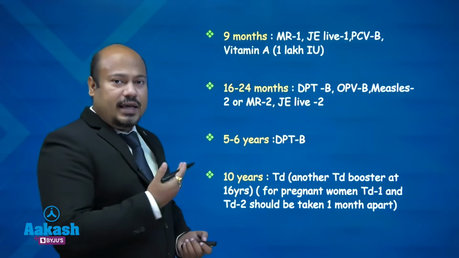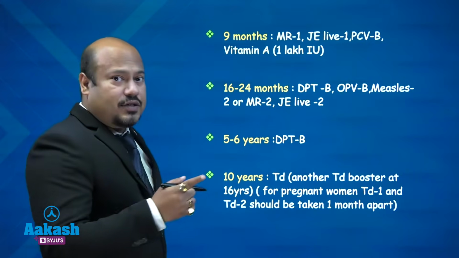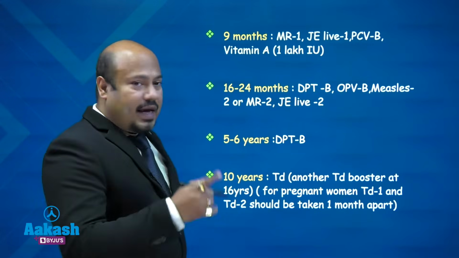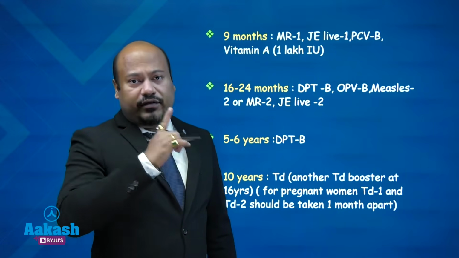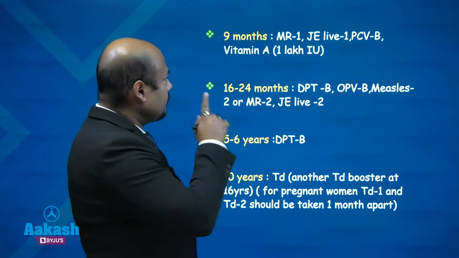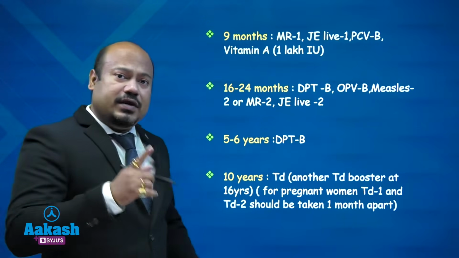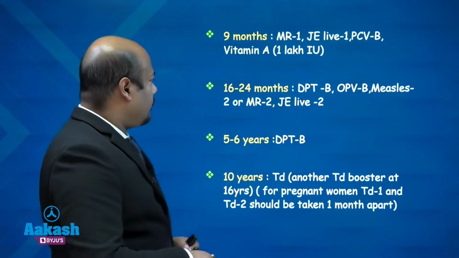I repeat: at 9 months 1 lakh international units of vitamin A, then every 6 months you have to give 2 lakh international units up to the age of 5 years.